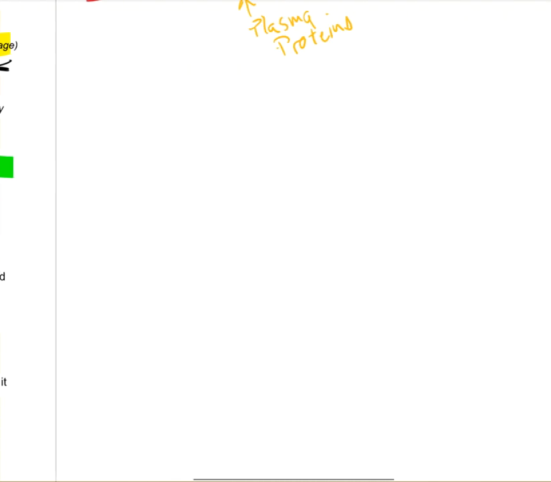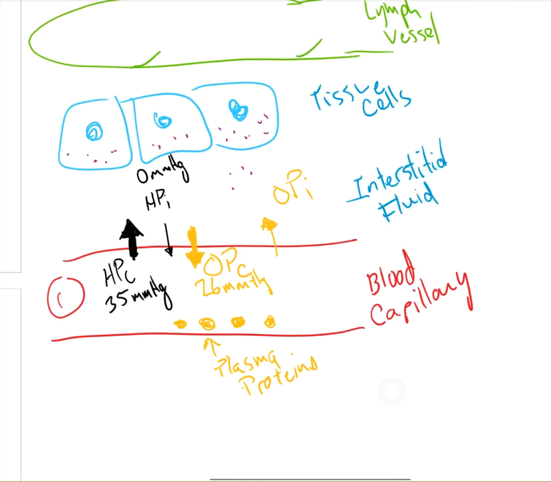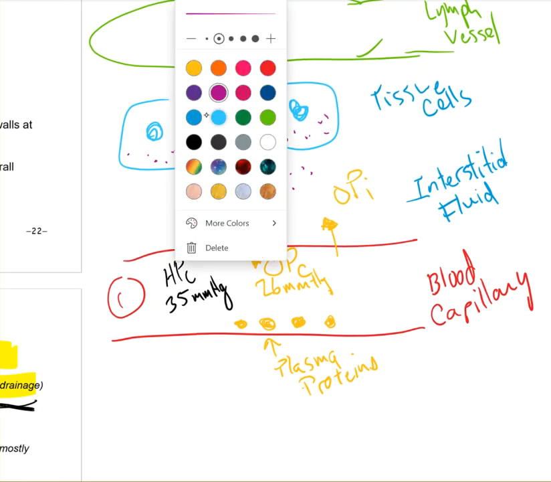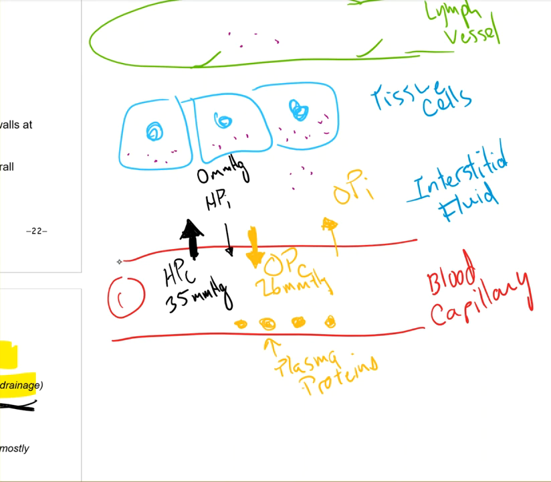Okay, now, why are there very few proteins? Well, anytime proteins are here, those proteins, along with water, will go into the lymph and go away. So the net movement of water, we're gonna put water in. We'll make it blue, of course. Water would generally go like this, and then some of the water goes in here, some of the water goes this way, some of the water goes this way, and water will leave out the lymph.